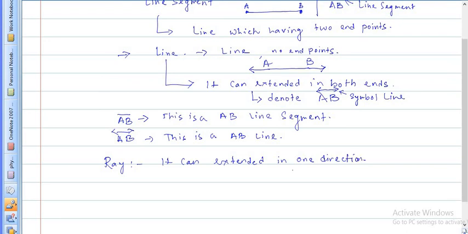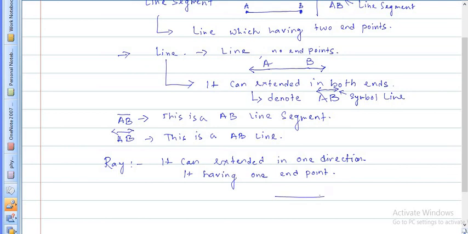So that means if it is extended in one direction, it is having one endpoint.